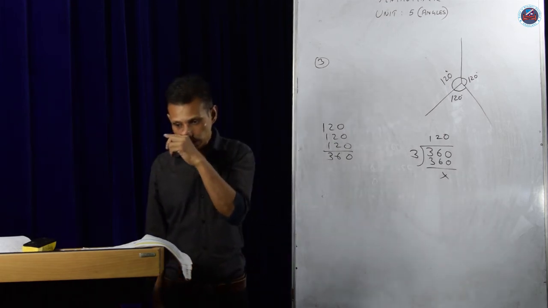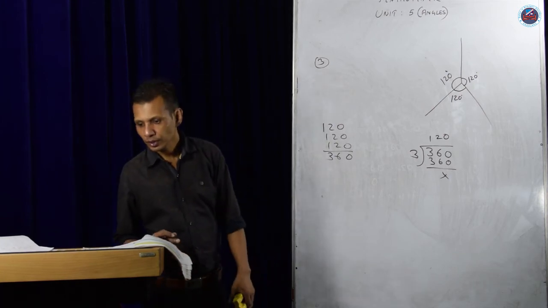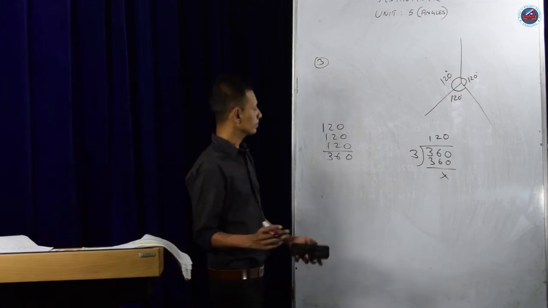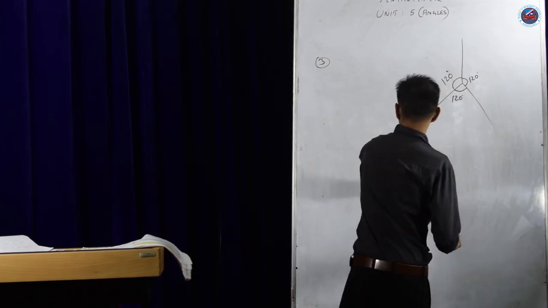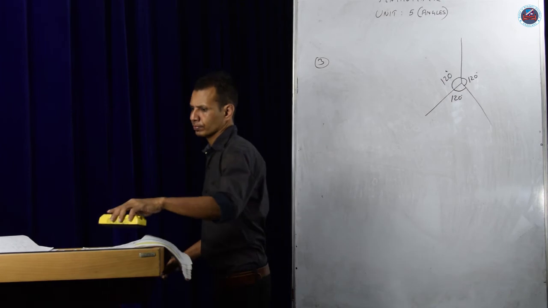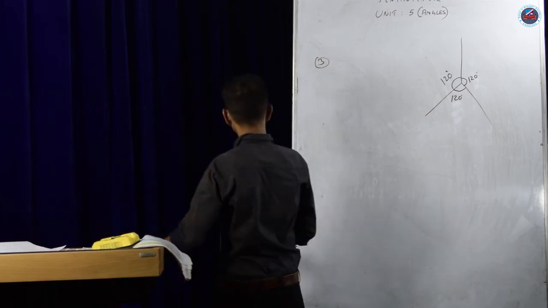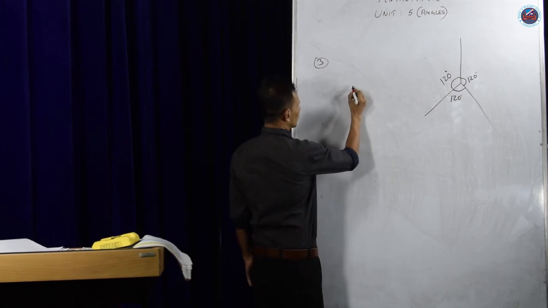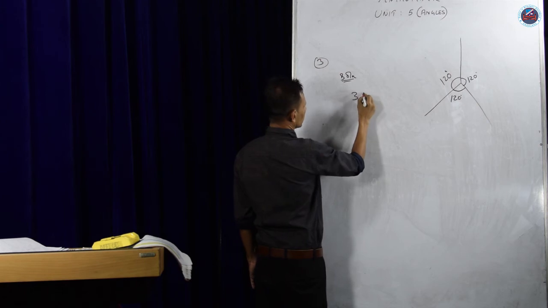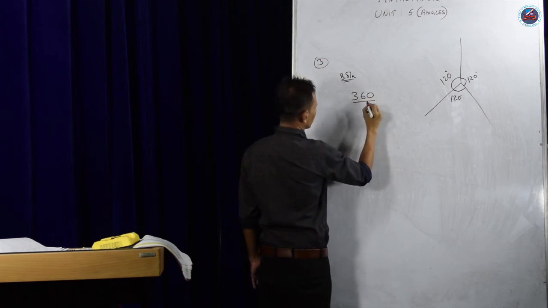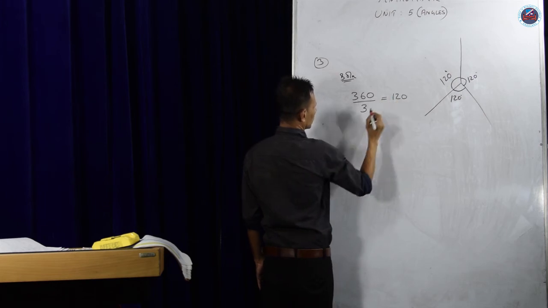Your question already told you all the three angles are the same size. So here, you first do like this, solution. 360 divided by 3, you will get 120.